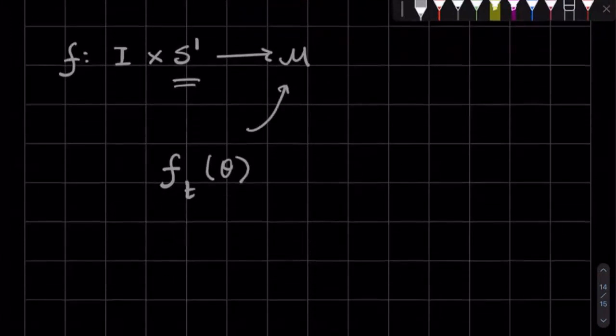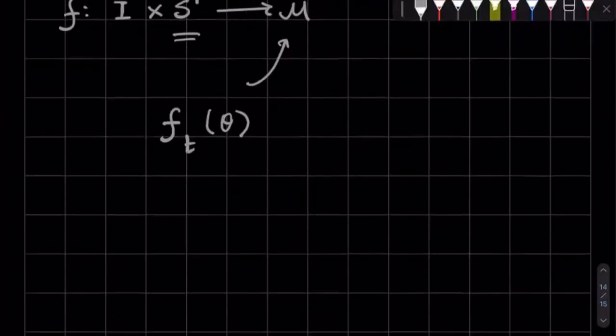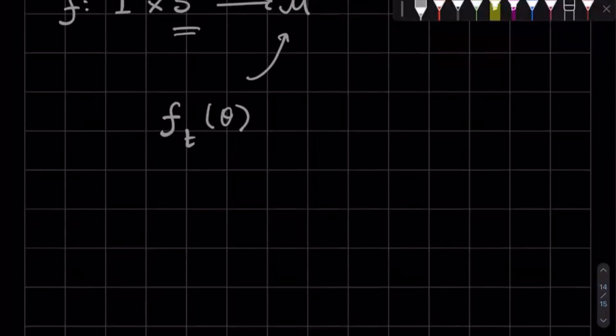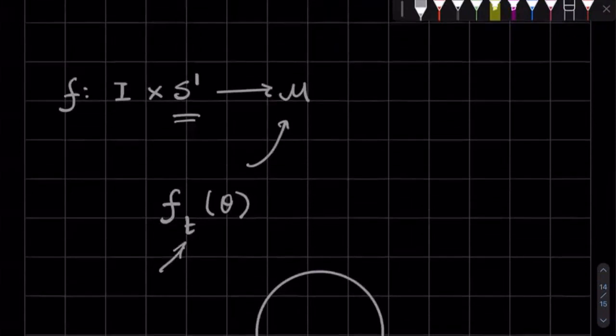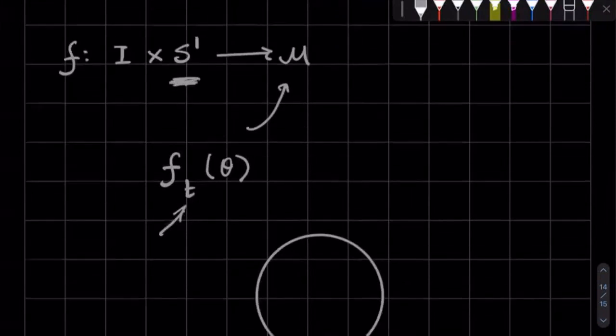What does this t signify? It is telling you how we are deforming this map.